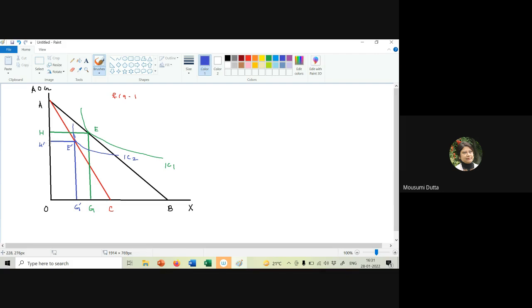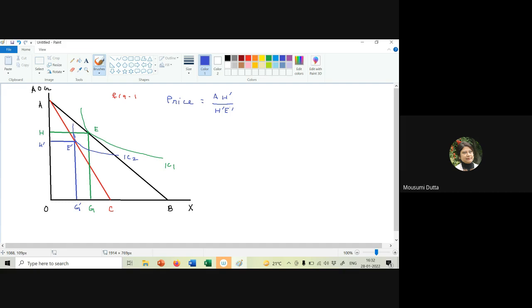So the price is equal to AH prime divided by H prime E prime.